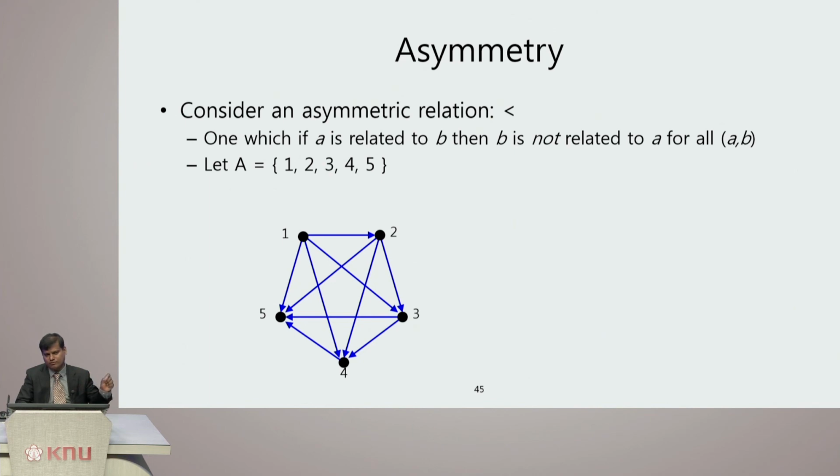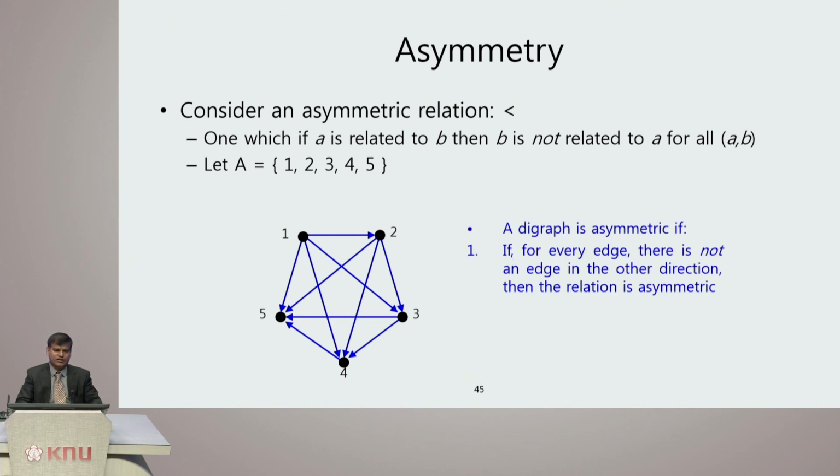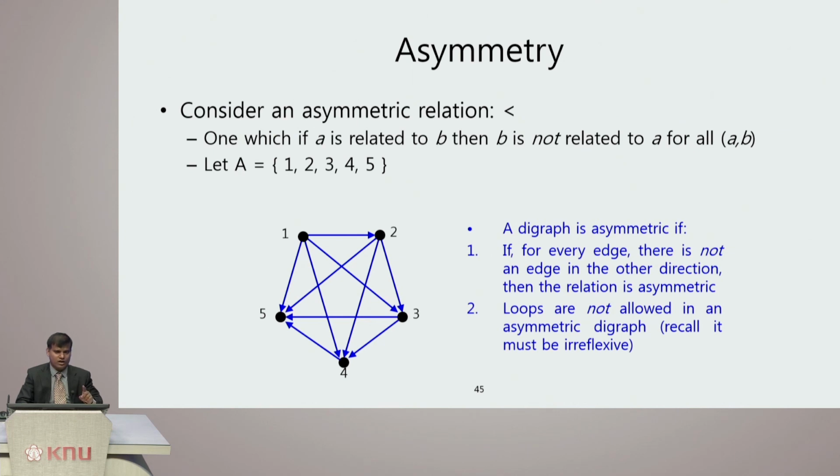You have an edge from 1 to 2, but there is no edge back from 2 to 1. A digraph is asymmetric if for every edge there is not an edge in the other direction. Loops are not allowed in asymmetric digraphs. That's one point. You can say this is very similar to irreflexive. Yes, they have the same property.